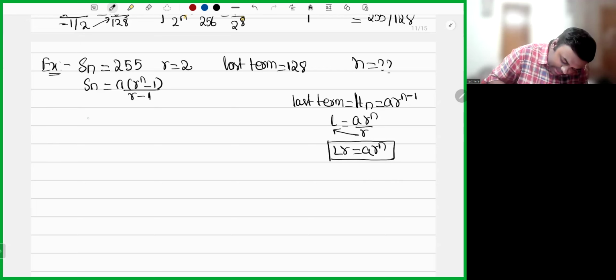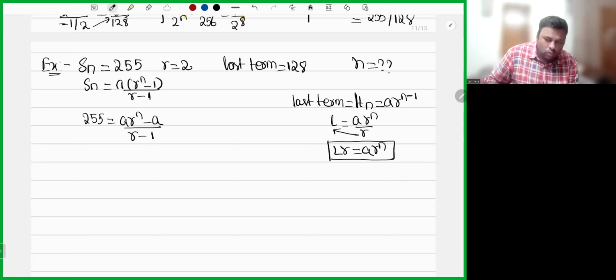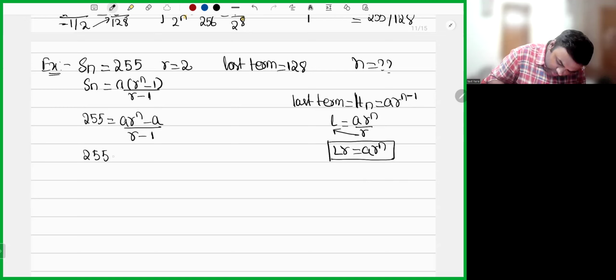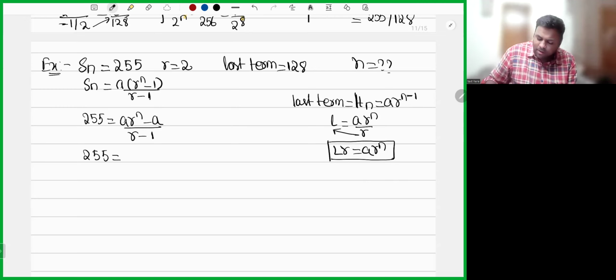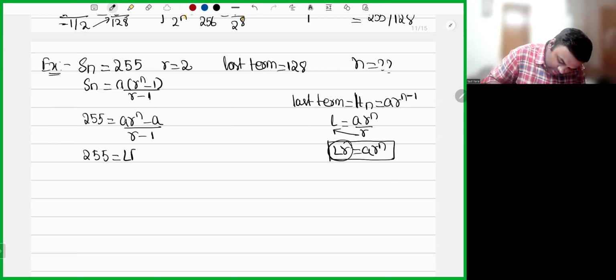Now, Sn is 255, a into r power n minus a divided by r minus 1. Okay, I have opened the brackets. 255 is equal to, what is a r power n? A r power n is L into r, last term into r, minus a, nobody knows, divided by 2 minus 1.